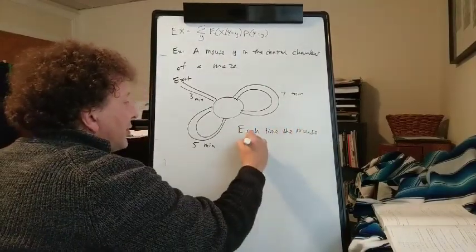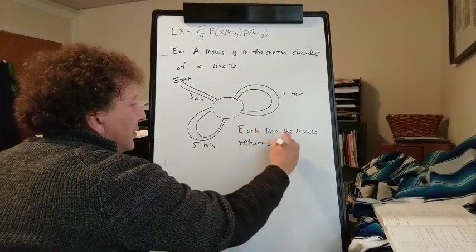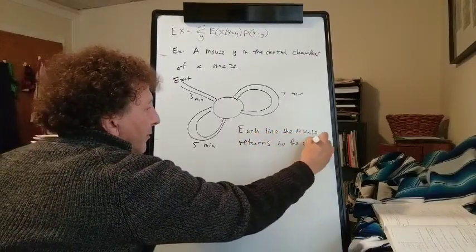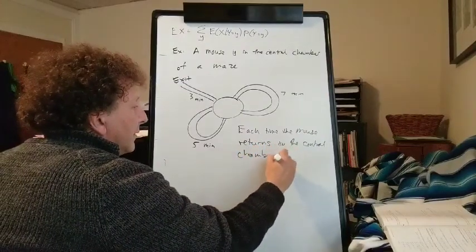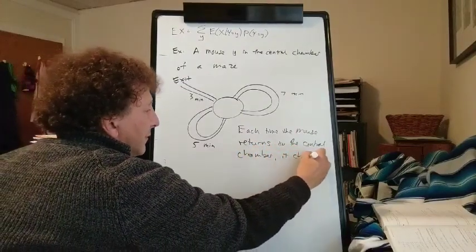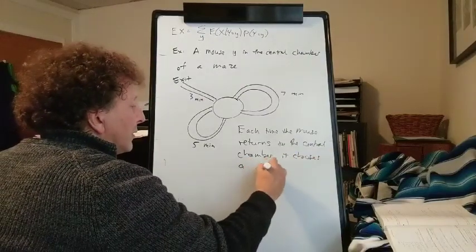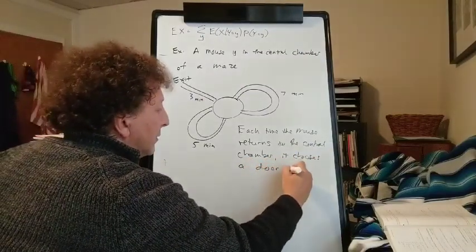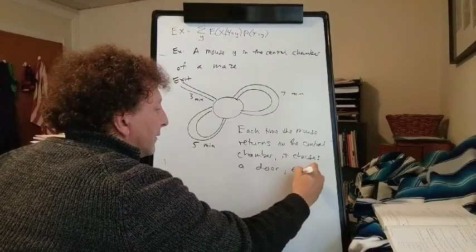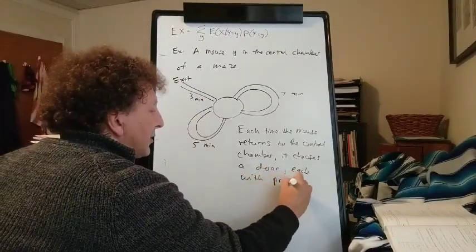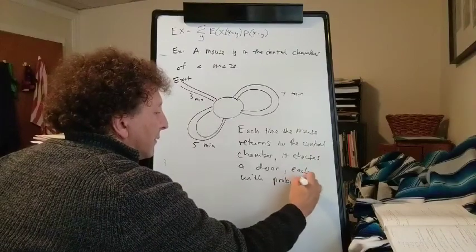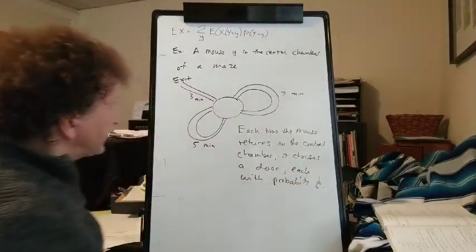So each time the mouse returns to the central chamber, it chooses a door each with probability 1/5.